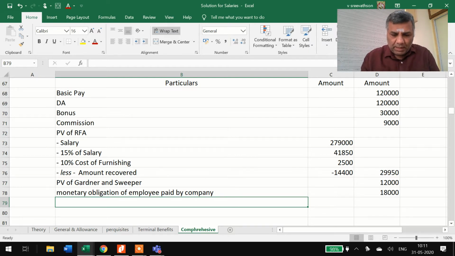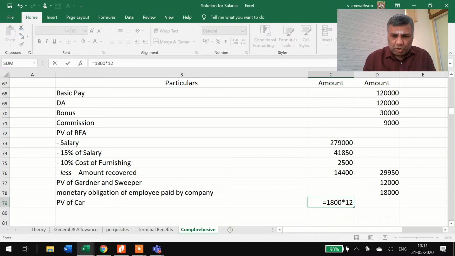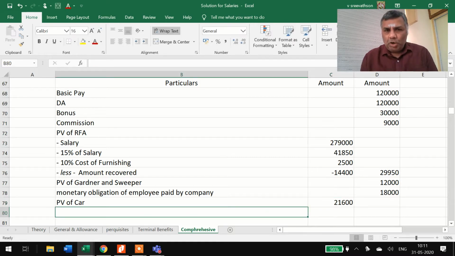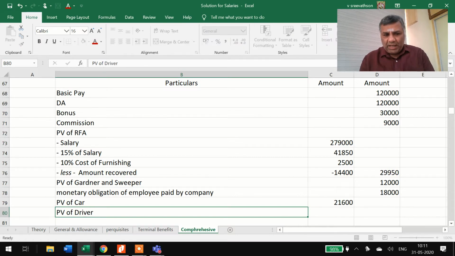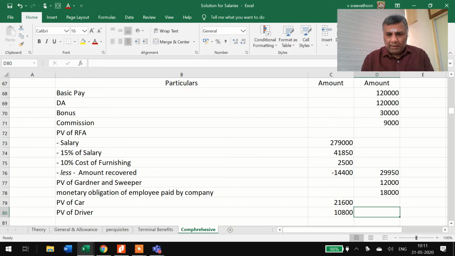So, PV of car, it's 1000 cc, my dear friends, so 1,800 into 12. PV of driver is 900 into 12.